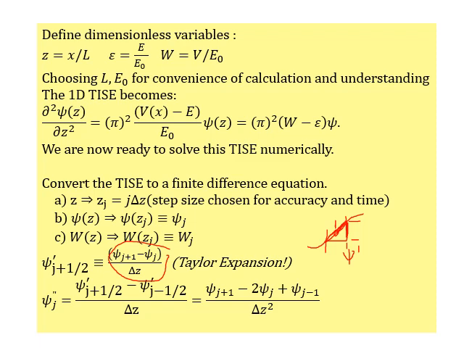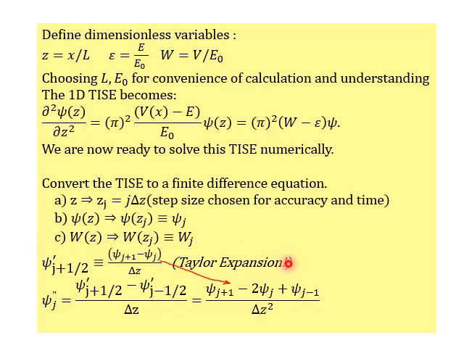And in order to calculate the second derivative, I take the derivative at a point half a step above the point of interest and half a step below the point of interest, which I just solved for above, divided by the distance between the two. That allows me to get the second derivative. Plugging this in yields the second derivative in terms of the values of the wave function at various points, psi sub j.